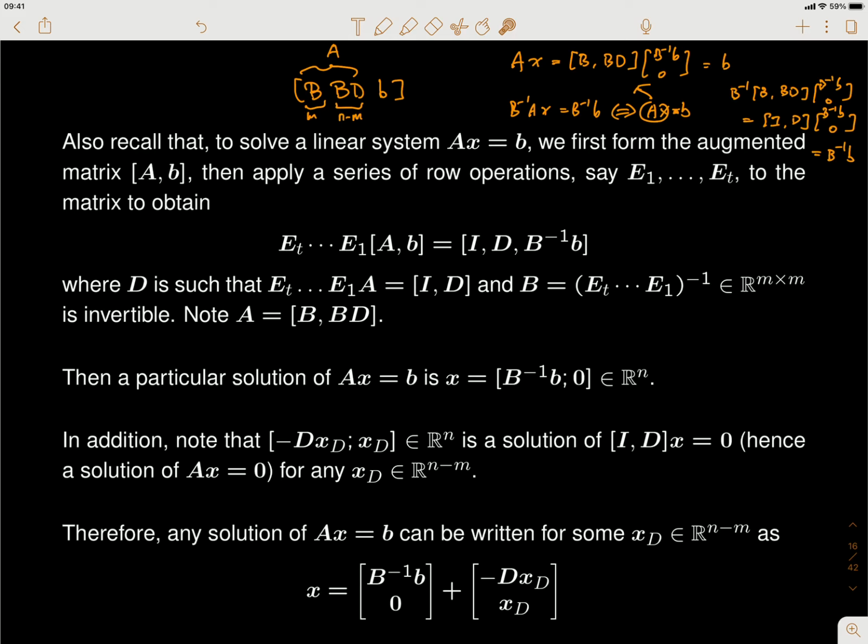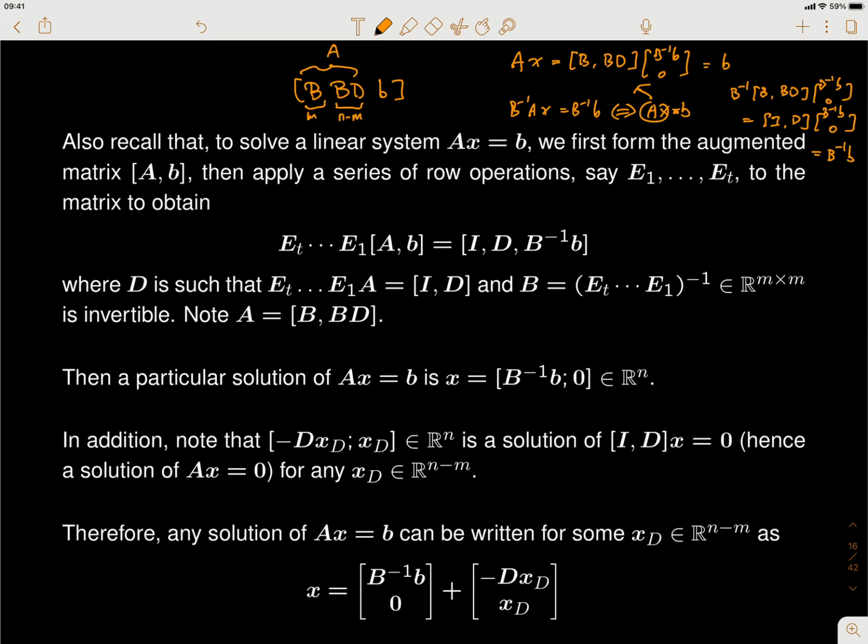But what is the general solution for that? What we found earlier is a particular solution. It's just one of those infinitely many solutions. But every solution of this system can be written as a particular solution plus the representation of the general solution of AX equals 0, right?